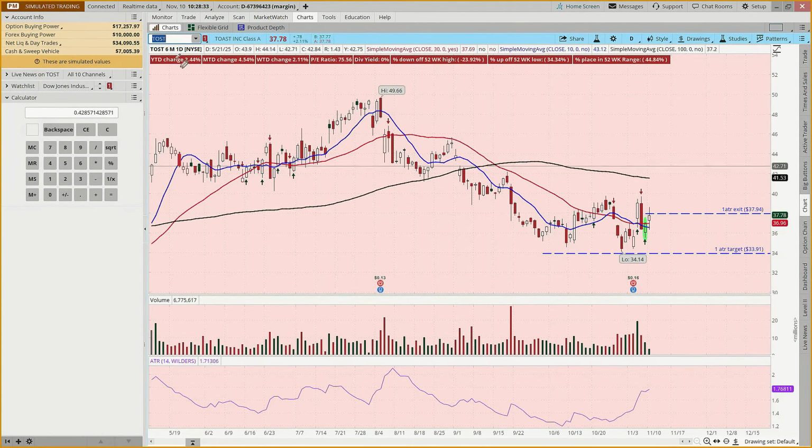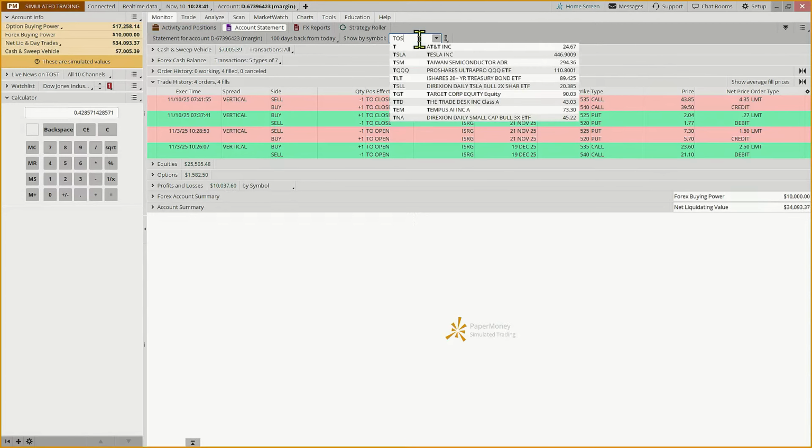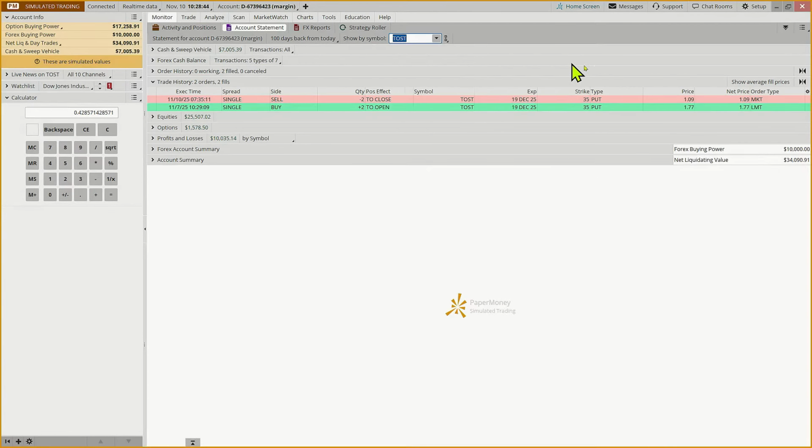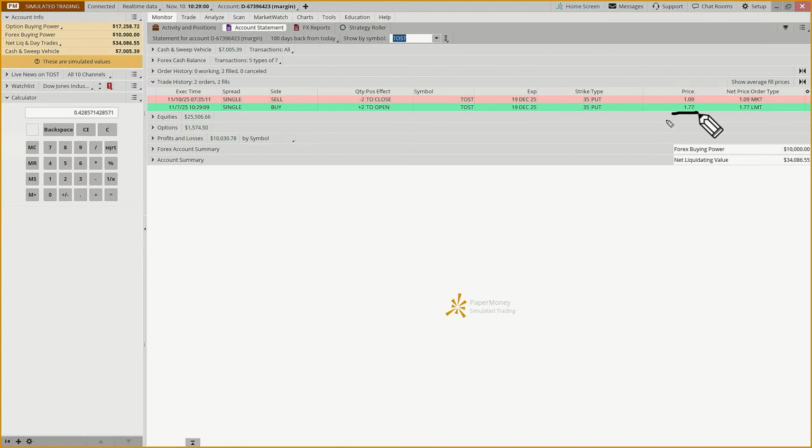So what did that loss look like? Let's look at it. Toast. This is a pretty easy one to calculate. Let me bring up my drawing tool one more time, see if it's going to behave. Sorry, let me clean the slate. So here we ended up down by how much? We paid $1.77 to get in, and then we got out when it hit our exit for $1.09.